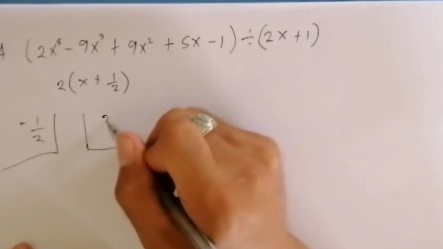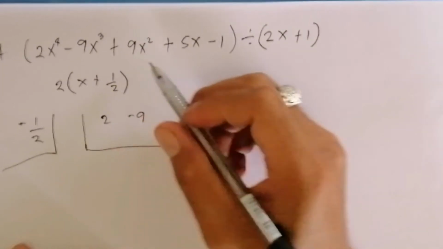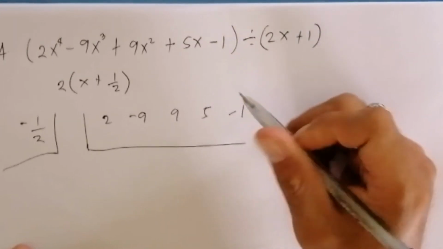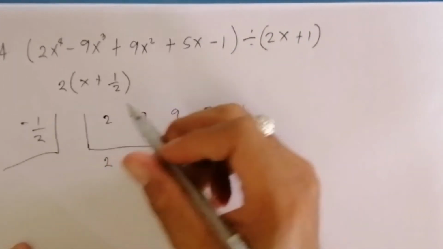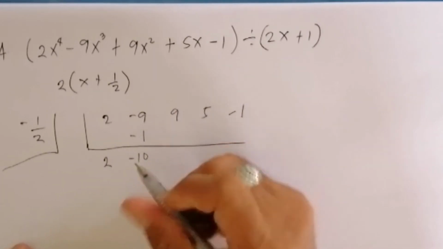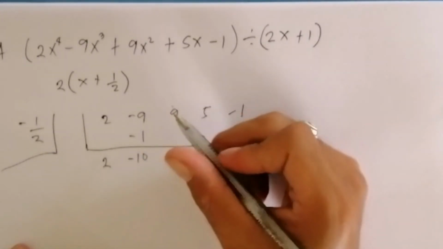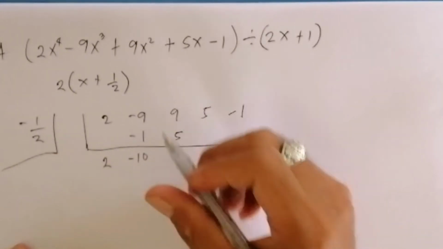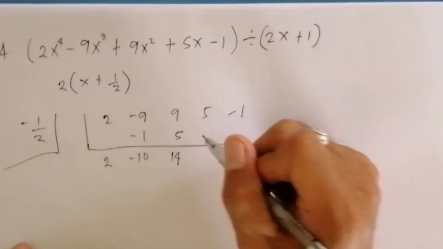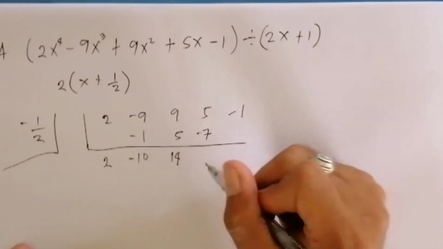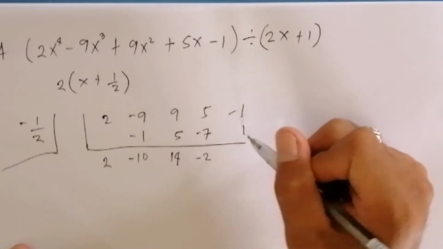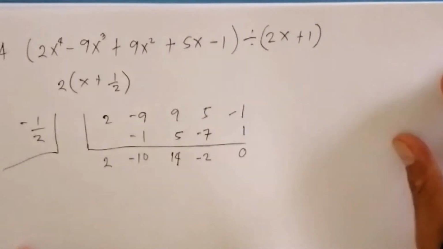Then we have 2, negative 9, positive 9, positive 5, and negative 1. Bring down 2, multiply, so that is negative 1. So negative 10, multiply, that is positive 5, and that is 14, multiply, that is negative 7, then add, that is negative 2, multiply again, so that is positive 1, then that is 0.